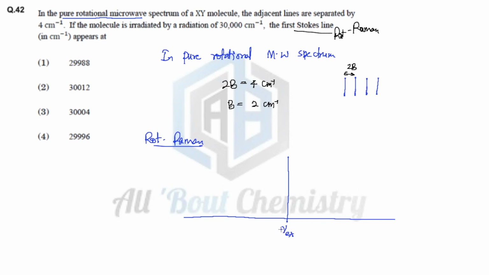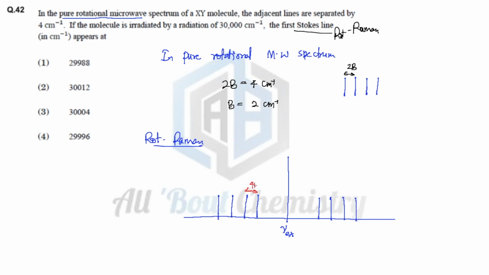Then you have a Stokes line and anti-Stokes line. We know that the difference between two Stokes lines is 4b, and between two anti-Stokes lines is also 4b. So let me just write down.